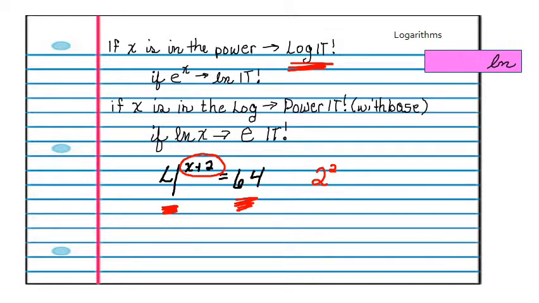So 2 to the power of 2 is the same thing as 4, and just include our x plus 2 here. Equals, and the next thing I happen to know, 64 is also something cool that happens with a base of 2, that it is the same as 2 to the 6th power.